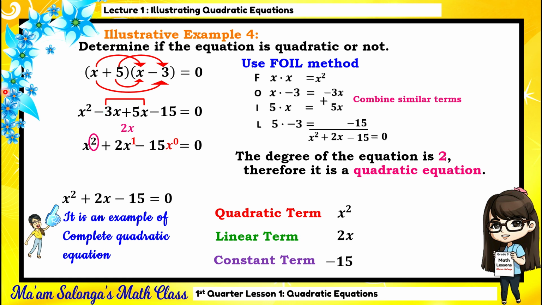Now, let's get the numerical coefficients, the values of a, b, and c. So, the value of a is 1. Kasi ang numerical coefficient dito, di ba, pag wala tayong nakikitang number, merong invisible 1 dyan. Then, for the linear term, b is 8. And the value of c is 15.